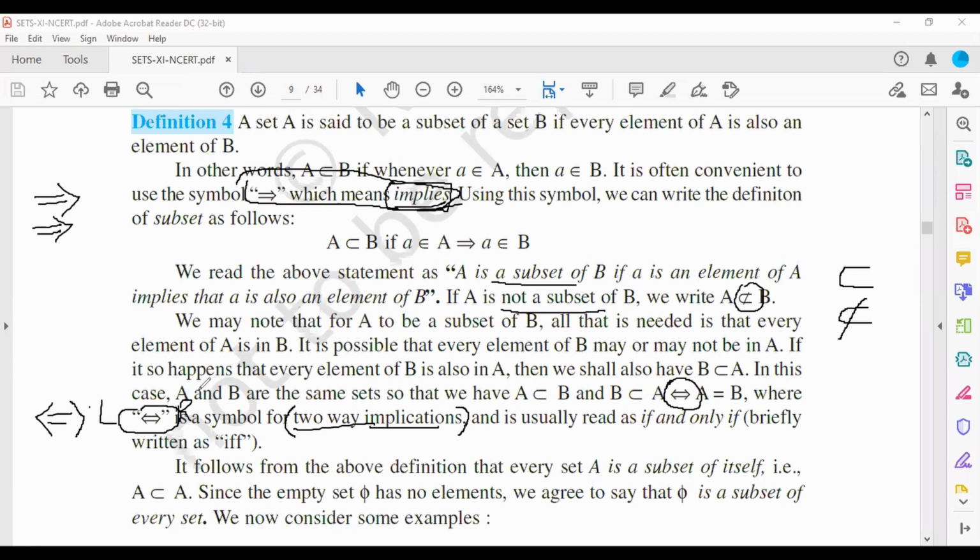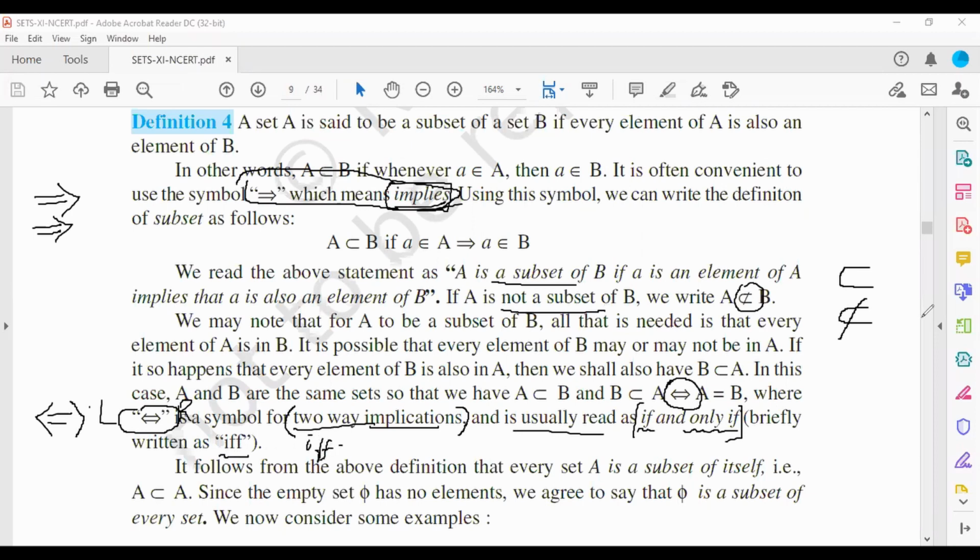The right side statement implies the left side, and the left side implies the right side. That is called double implication, but we don't read it that way. It is usually read as IFF, if and only if. In short, you can also write IFF.